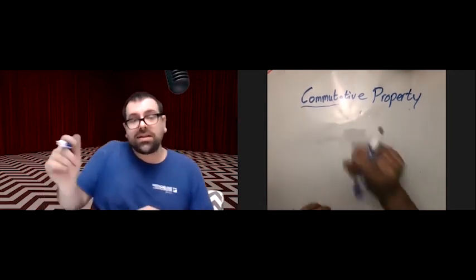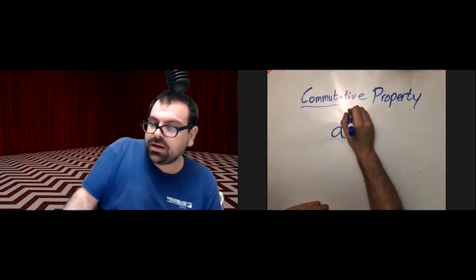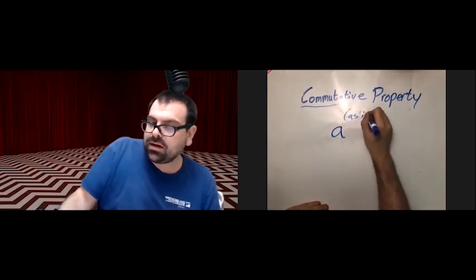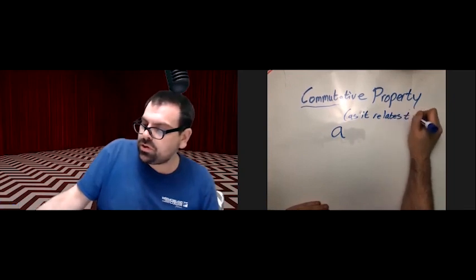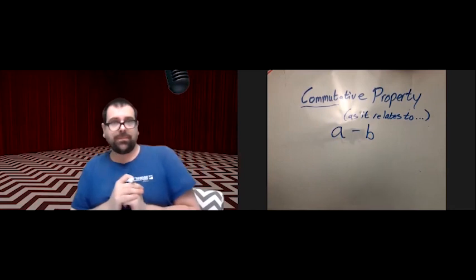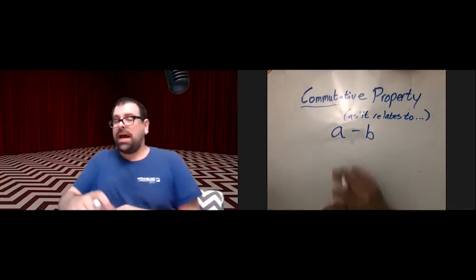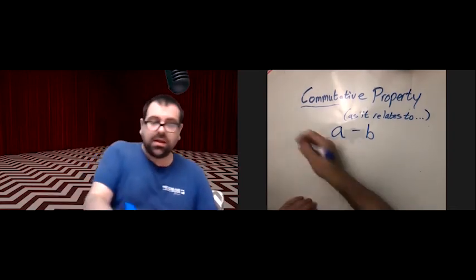For that, let's look at the commutative property as it relates to A minus B. Now, there are two different commutative properties.